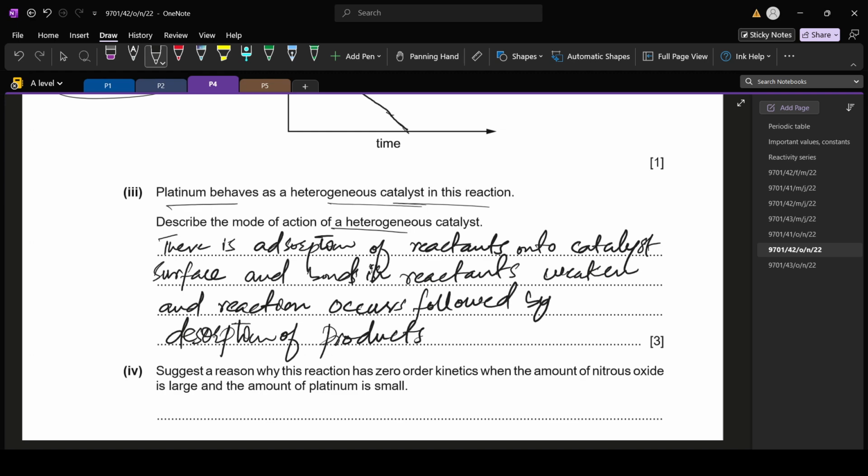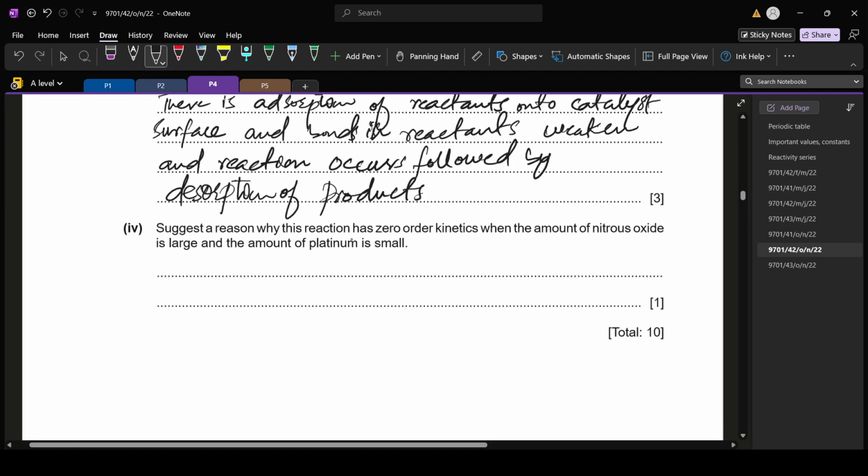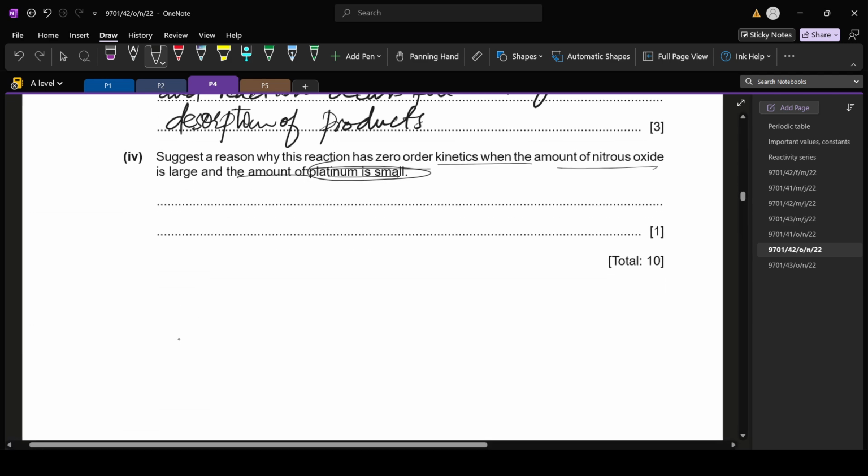Now part 4 suggests a reason why this reaction has zero order kinetics when the amount of nitrous oxide is large and the amount of platinum is small. If you see, let's say this is platinum, and these are the active sites of this catalyst.